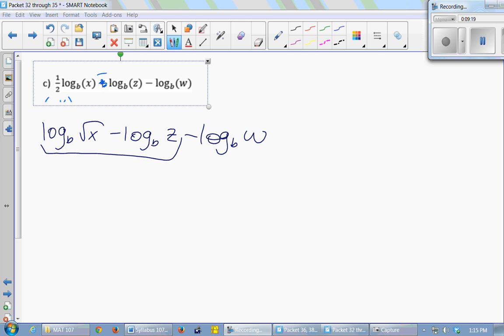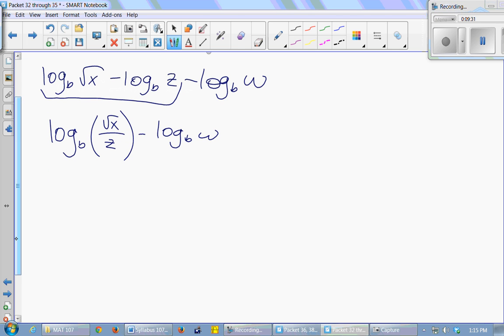I'd look at these 2 first, combine them following the rule, log base b of square root x over z minus log base b of w, and then apply the rule again. So I'd have log base b of square root x over z over w. And then I've applied all the rules.